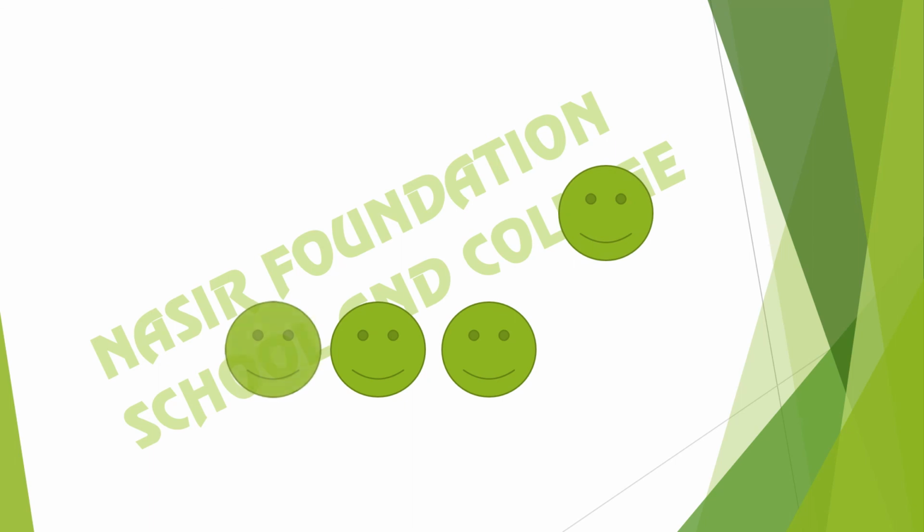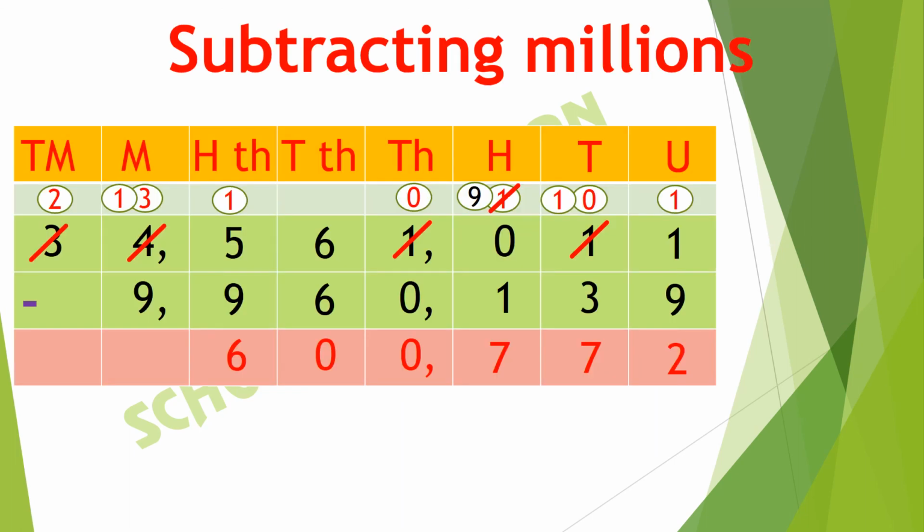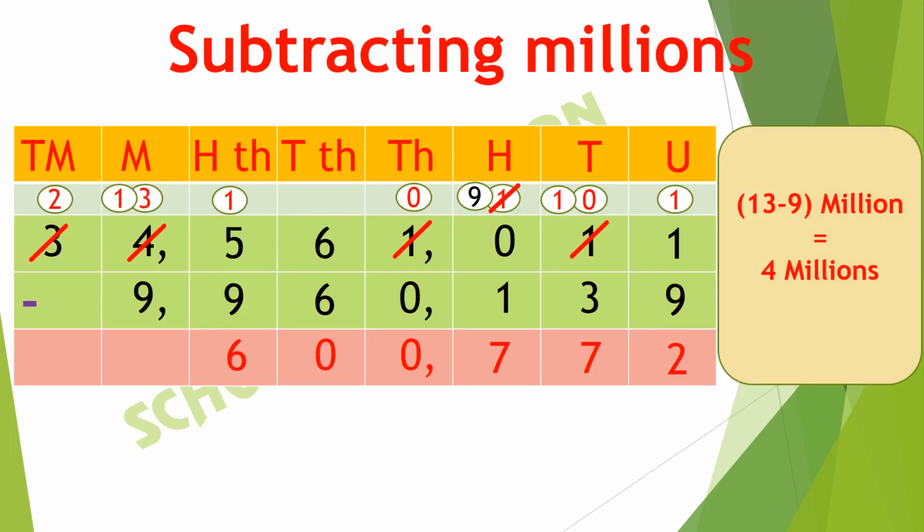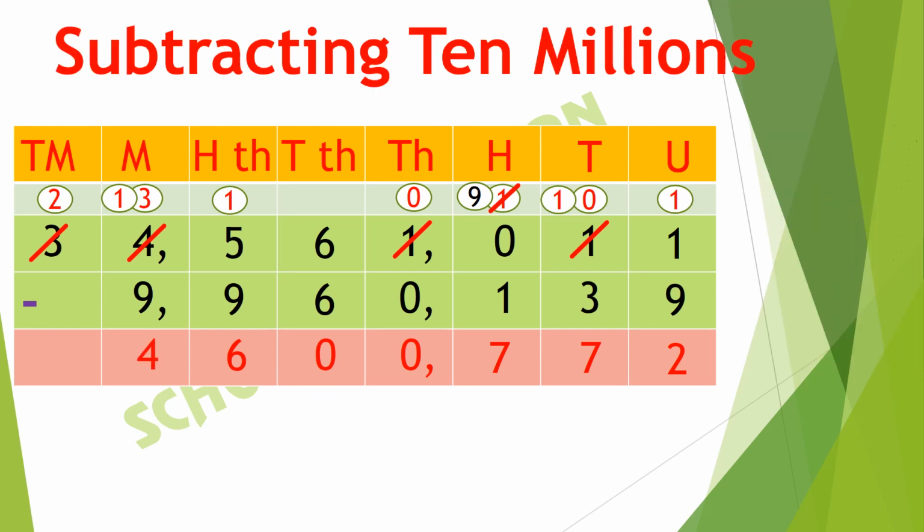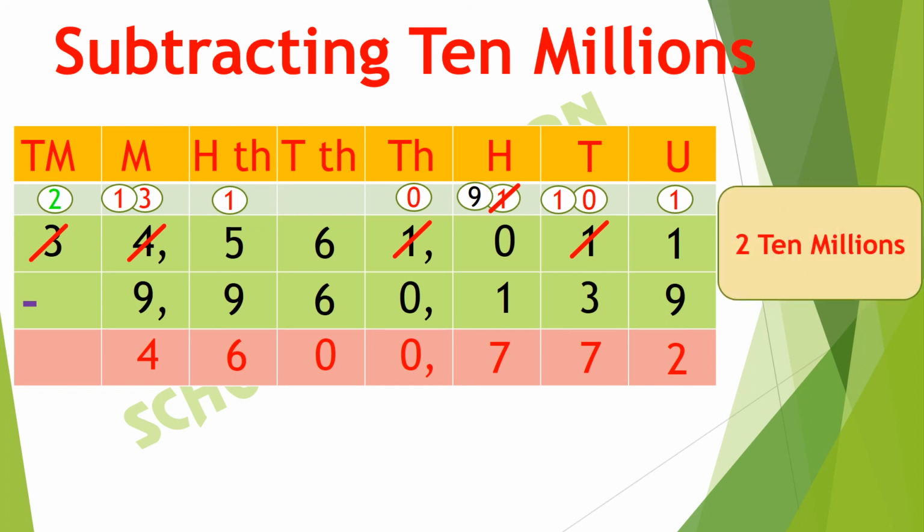Here we are left with 1, 2, 3 and 4. Now if we subtract 9 millions from 13 millions, we are left with 4 millions. Now we will move towards the 10 millions. Here we have only 2 ten-millions. So we will write it as it is because we have nothing to subtract from this number.